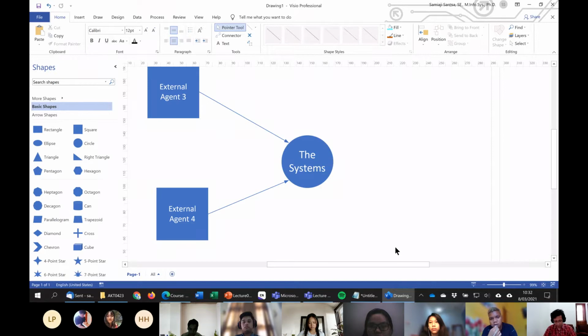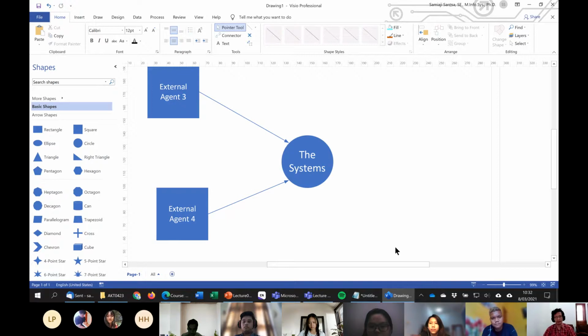Which line? The external agent, the arrow one. Which one? There are two of them. I think both. Both wrong. Okay, well, I don't know.